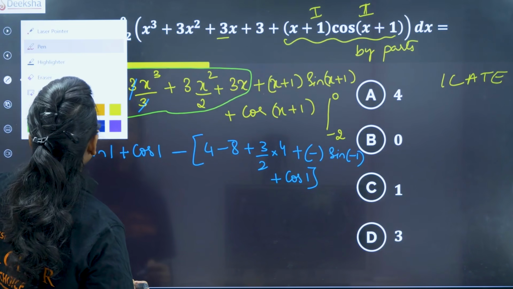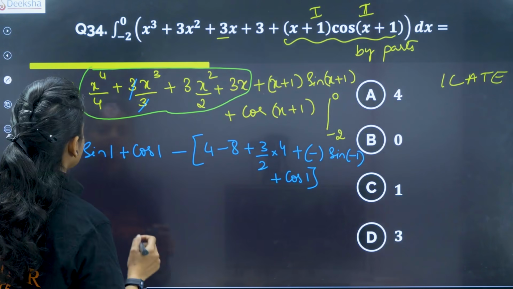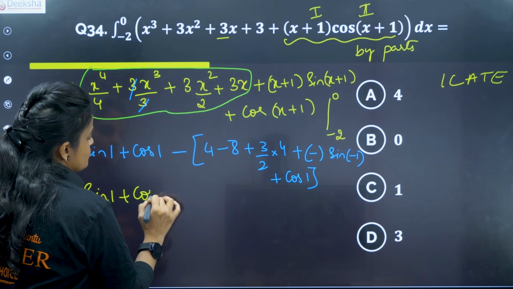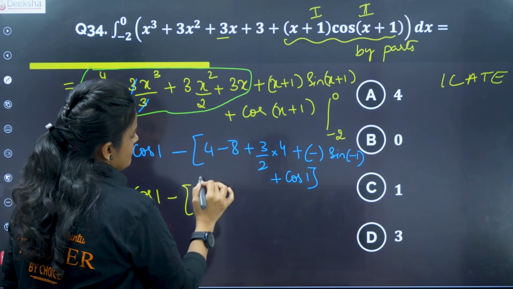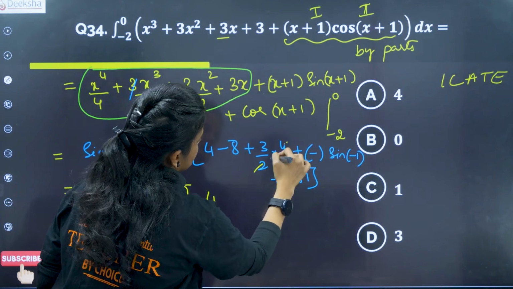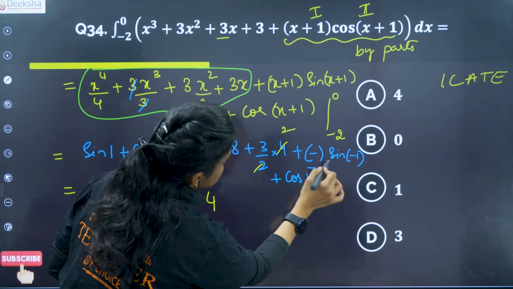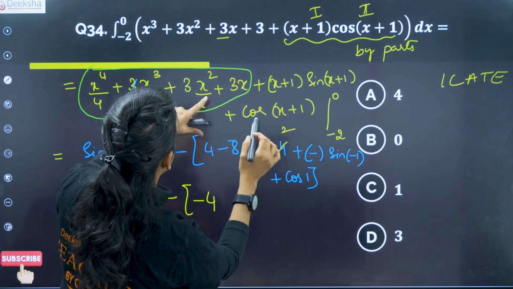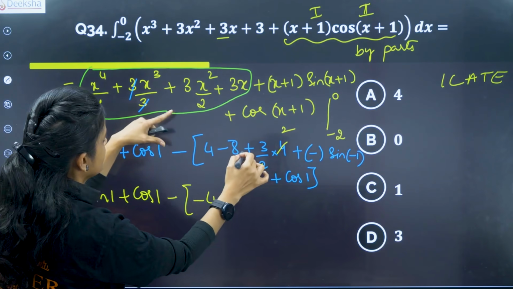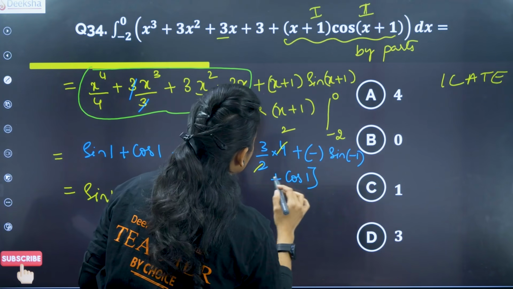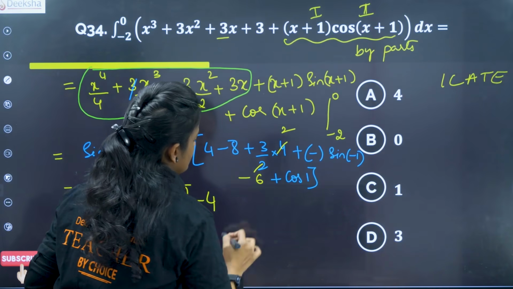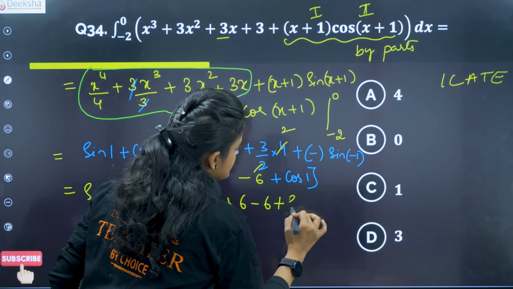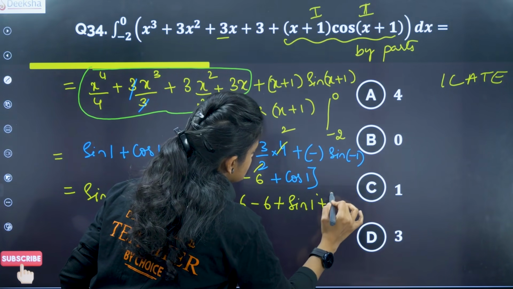Let's see what will happen to those steps. sin 1 plus cos 1 minus -4 and this will be 6. Correct. Did any term get left out here? 1 second. Yes, there is one term I haven't put, here a -6 remains. Okay. +6 -6 plus sin 1 plus cos 1.